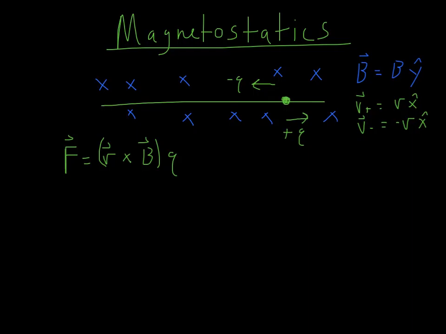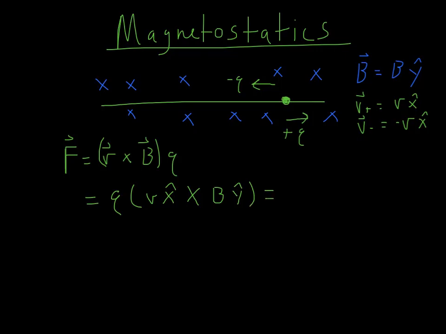And here my magnetic field is in the y direction. That's going into the page. And if I'm looking at the convention of the positive charge, it's moving to the right. And if I'm looking at the negative charge, it's moving to the left. So just simply solving this cross product, in the positive case, it's a positive Q, and then it's going to be V x hat cross B y hat.